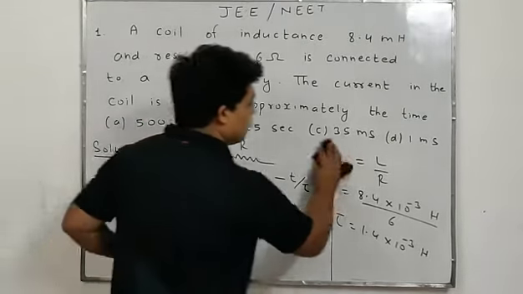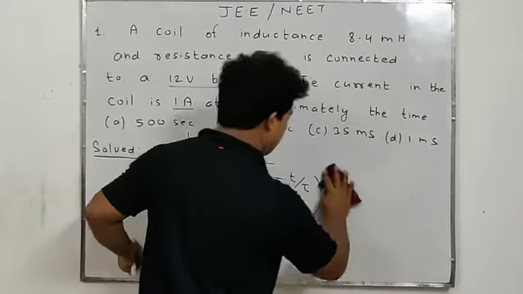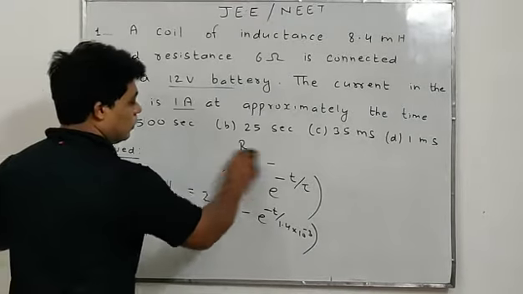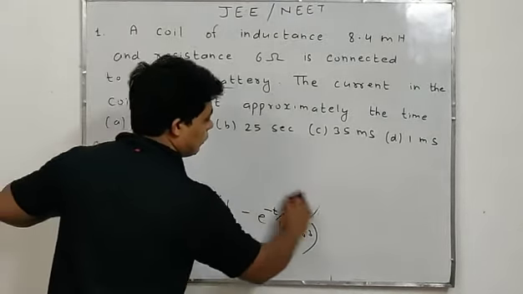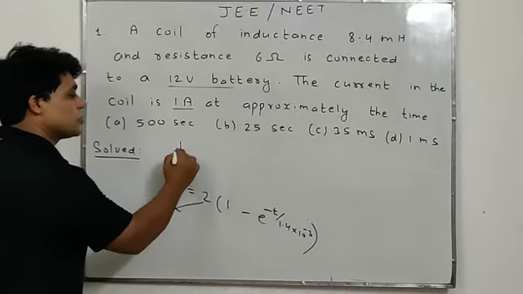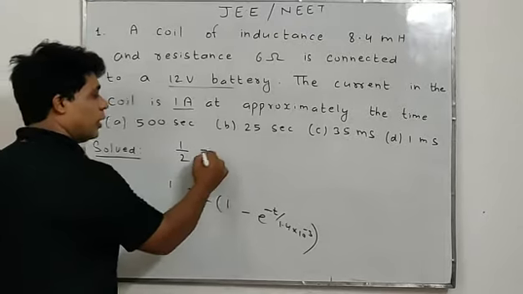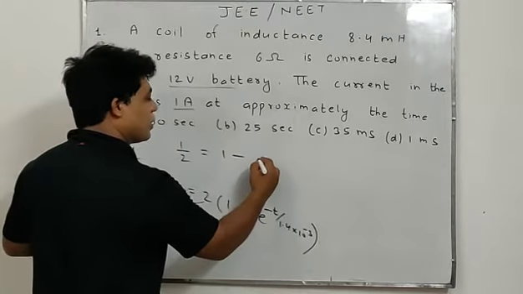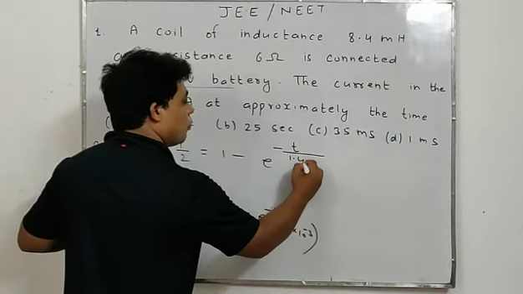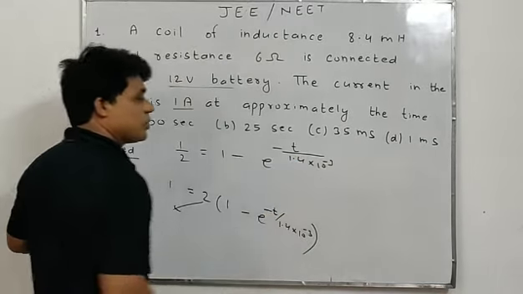Now we have to solve this equation. See, students, this is 1 by 2, and the remaining term is 1 minus e power minus t by 1.4 into 10 to the power minus 3. Understood?